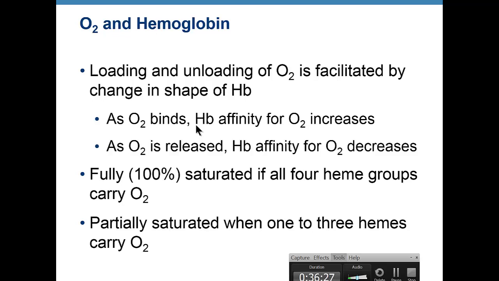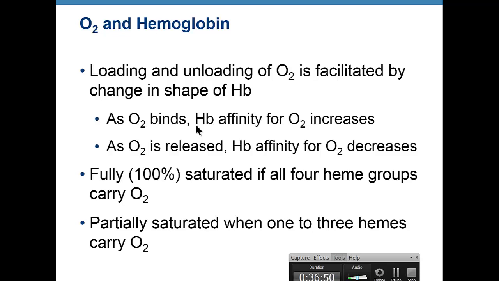So if hemoglobin binds 1, its affinity for binding more increases. Because we want to fill our hemoglobin molecule. That's the ideal, isn't it? And then if we tend to need oxygen because we're exercising now, or we're having a lung problem, we're not getting good ventilation, and we're dumping hemoglobin, once one hemoglobin leaves, the others leave.